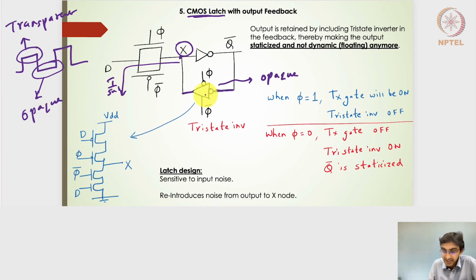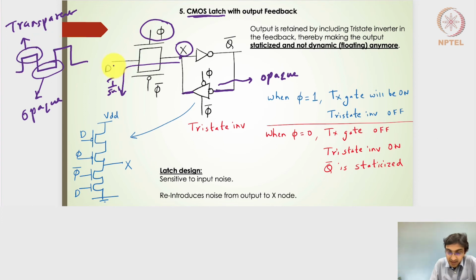So in this design, the tri-state inverter with the clock should ensure that we supply the low level clock signal, so that the transistors are on and the output here is nothing but the inverted input. That is the reason the inverted clock is supplied to the tri-state inverter, while for the latch signal I have the clock φ.